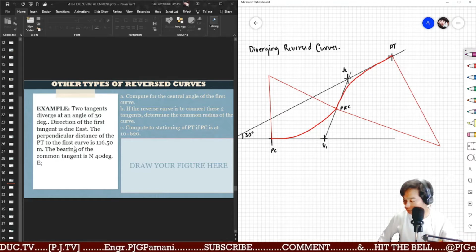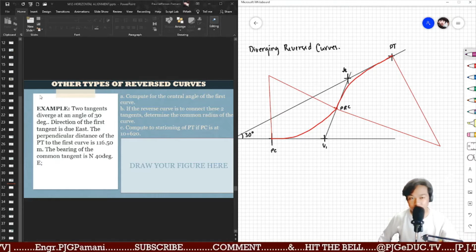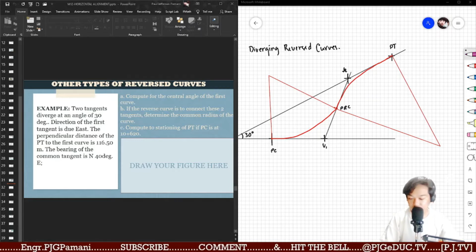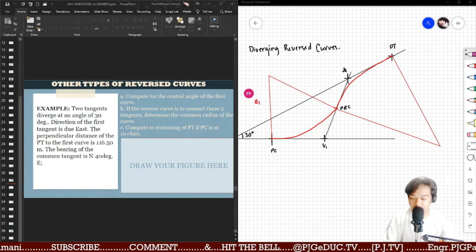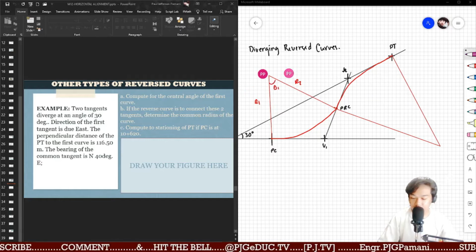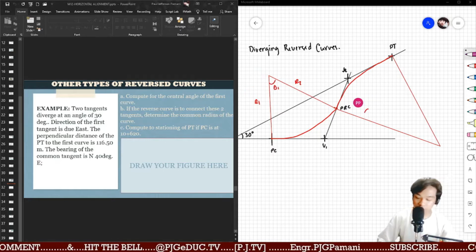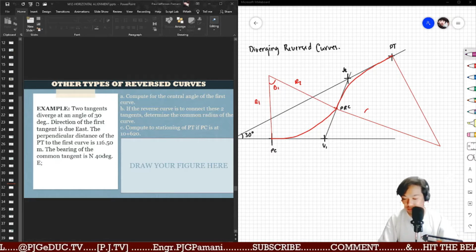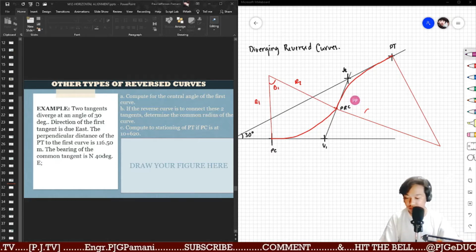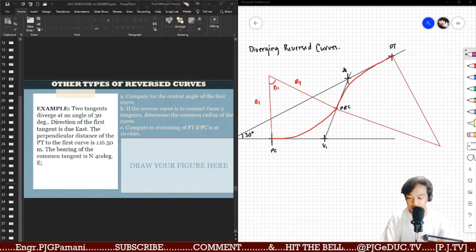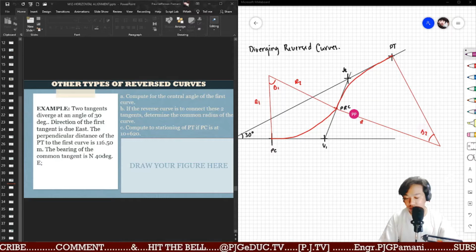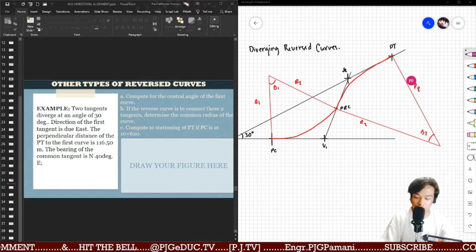Saglit lang. Tapos, that is our radius 1, then radius 2, angle of intersection 1, and another angle of intersection 2, radius 2.